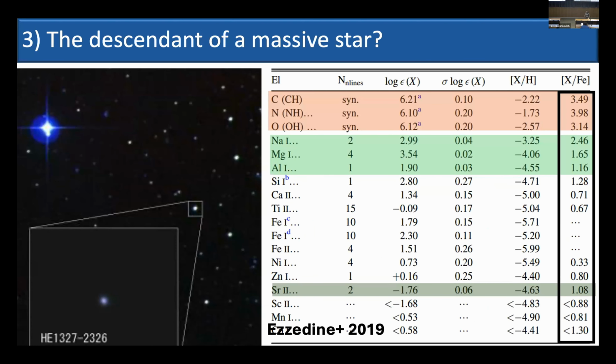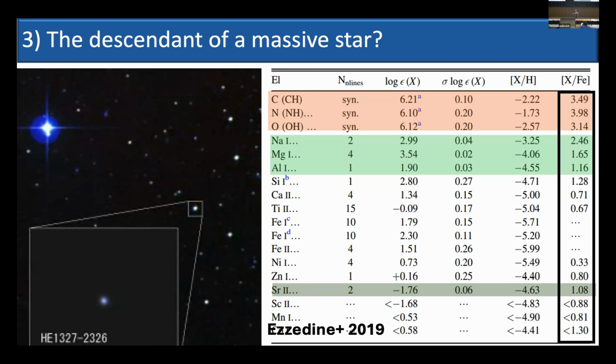Okay, a bit more details about the composition of travel stars. This is a rather recent update, but the main features are quite similar to what was found in 2005. So more than 1,000, almost 10,000 times more carbon, nitrogen, and oxygen compared to iron than in the sun, especially a lot of nitrogen.